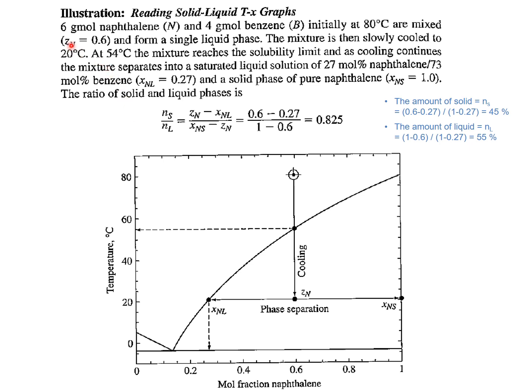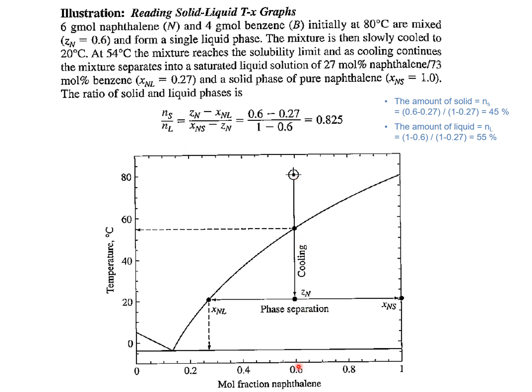In this case, we have 6 gram-mole naphthalene, symbolized by N, and 4 gram-mole benzene, symbolized by B, initially mixed at 80 degrees Celsius. So this point here is 80 degrees Celsius, and the naphthalene mole fraction is 0.6, calculated from 6 naphthalene per 6 plus 4, so 0.6 mole fraction of naphthalene.